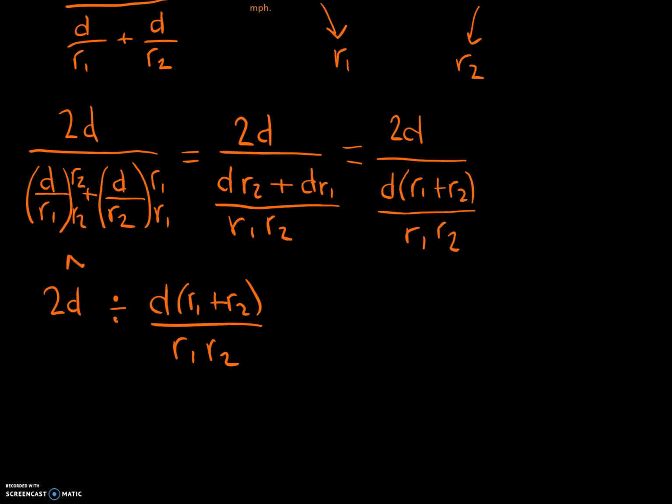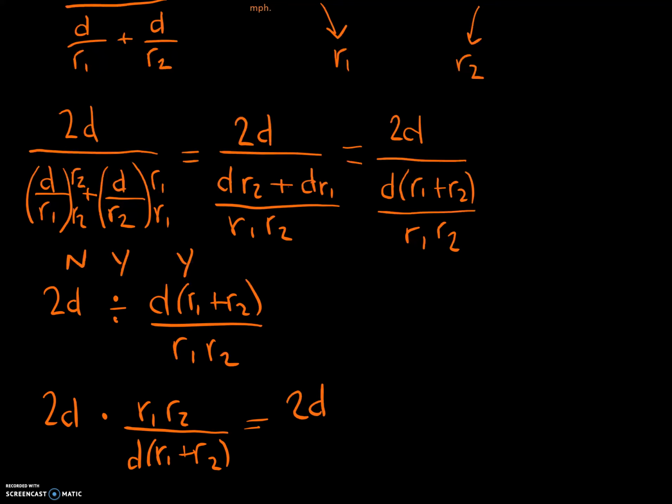And this is just my little thing for remembering. I don't like fractions, so I always use this New York Yankee thing. No, I'm not going to change the first term. Yes, I'm going to change that to multiplication. Yes, I'm going to do the reciprocal. r1 r2, and we have all over d times r sub 1 plus r sub 2. That simplifies here.